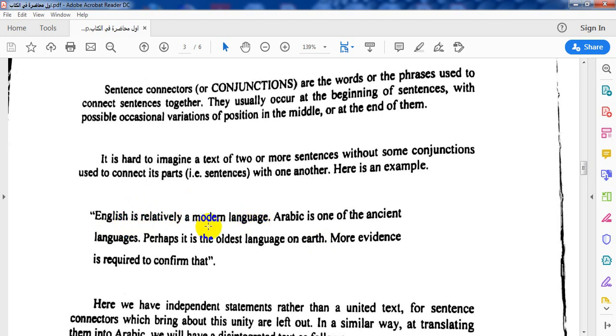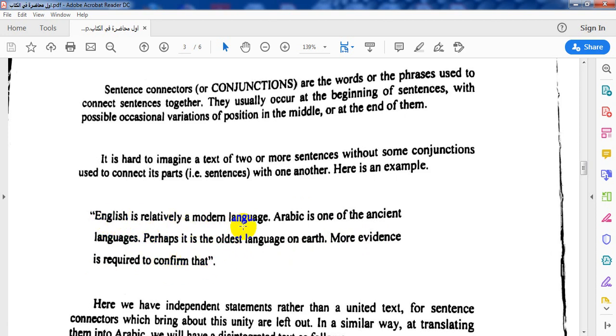Arabic is one of the ancient languages. Perhaps it is the oldest language on earth. It means here Arabic. It is the oldest language on earth. More evidence is required to confirm that.